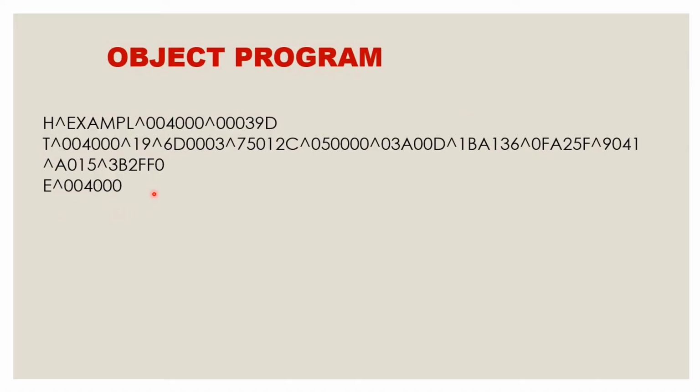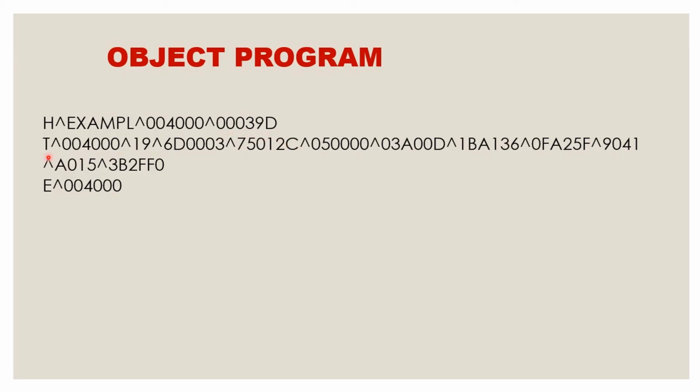As we discussed in the format for writing the object program, it is of the header record, text record and the end record. Header record, column 1 is represented by H, and columns 2 to 7 are the program name, that is EXAMPL, and columns 8 to 13 are the starting address of the object program, that is 004000, and columns 14 to 19 are the length of the object program, that is the last address minus the first address, we get the value as 000390.